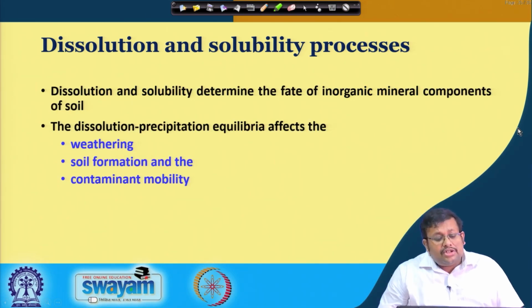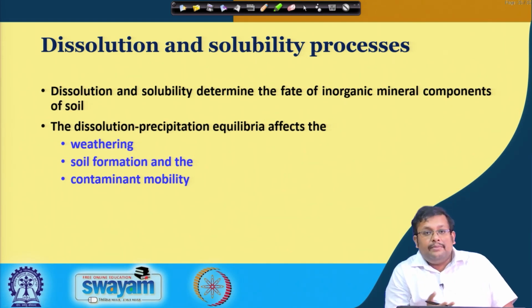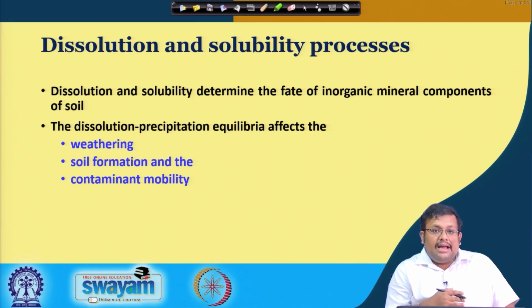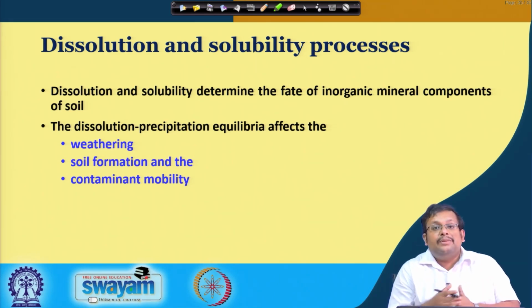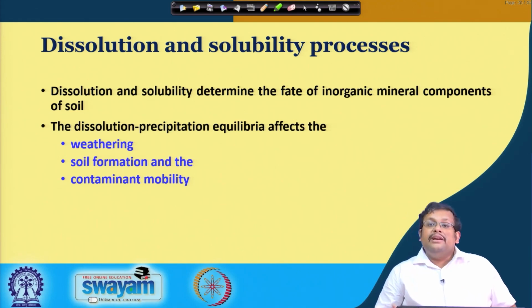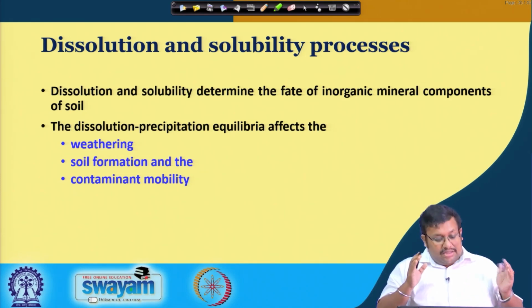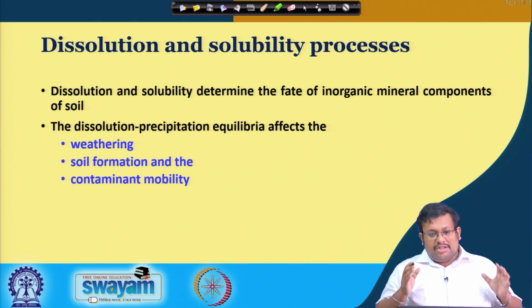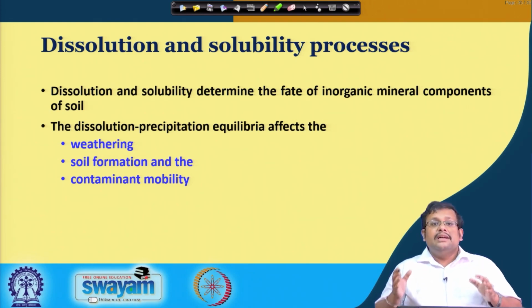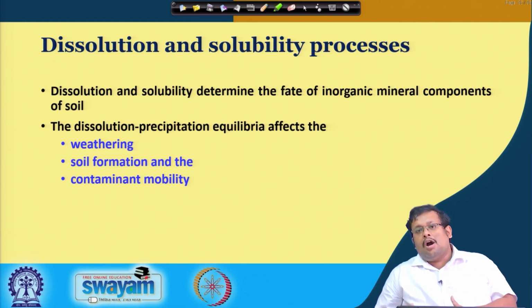Now, dissolution and solubility basically determine the fate of inorganic mineral components of the soil, and dissolution and precipitation equilibria affect the weathering, as you know, soil formation and the contaminant mobility. Obviously, this dissolution and precipitation highly control the concentration of different solid phases in different stages of the weathering, whether they will further weather away or not.